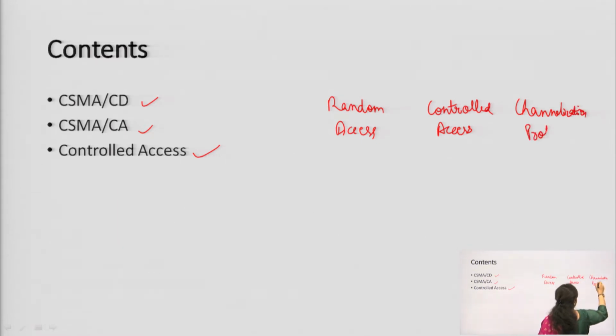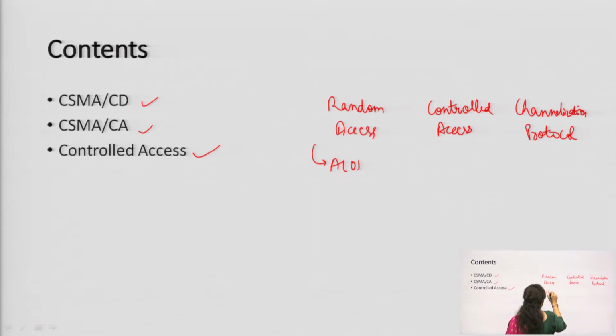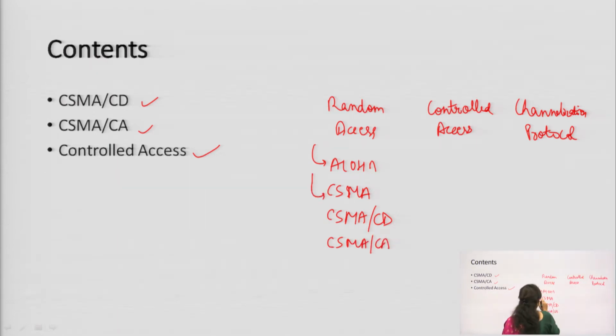These are the different types of protocols that are part of multiple access protocols. In case of random access, we have seen Aloha and CSMA, then CSMA/CA and CD we will discuss today. These two topics we will discuss today.